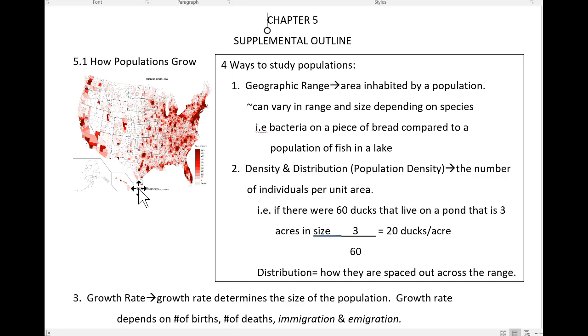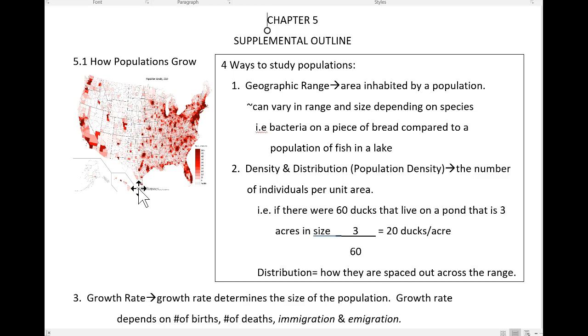And if we're looking at human population, we can go across the globe, so that's even bigger. So I guess what this is exampling for you is that geographic range, no matter what species, is really going to be basically the same thing, and that's the area that is inhabited by a particular population.